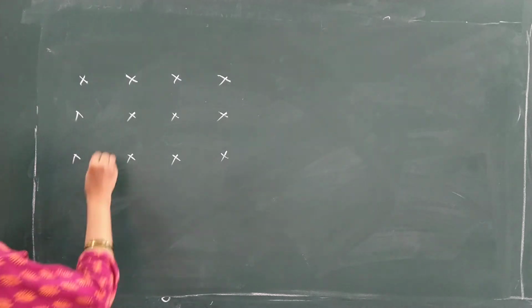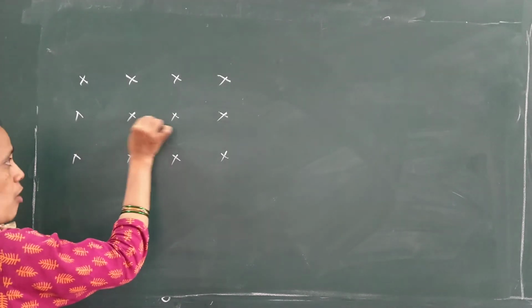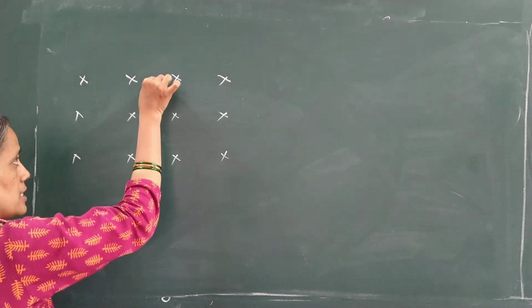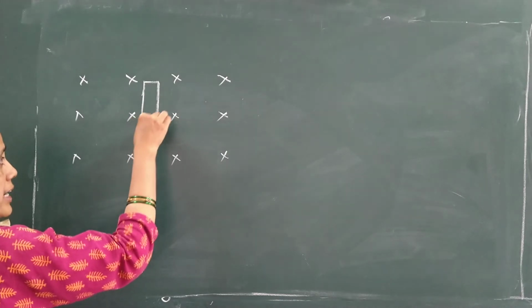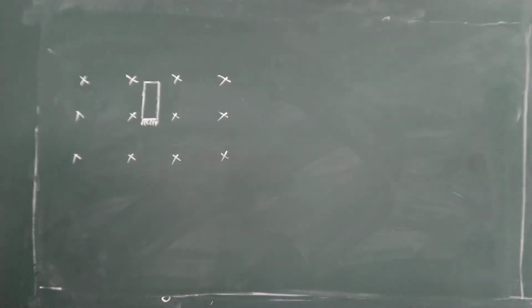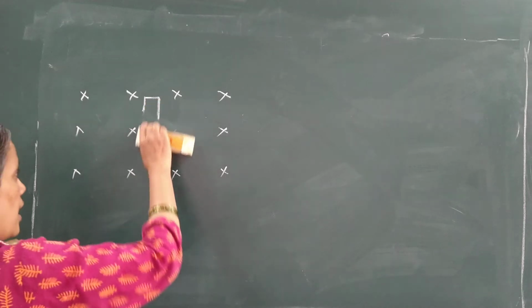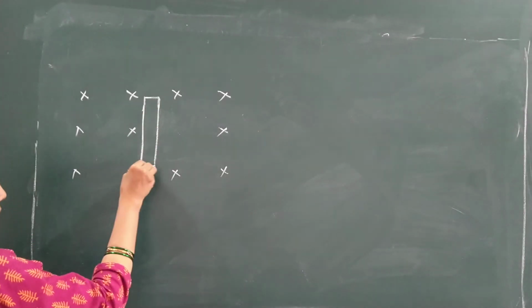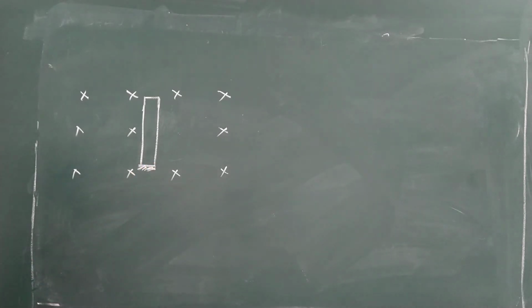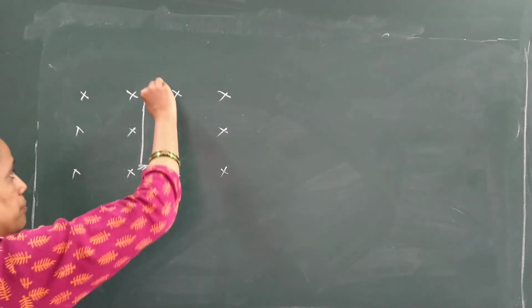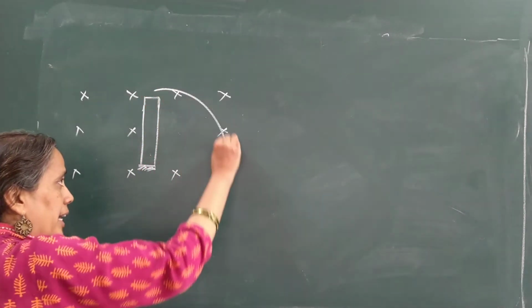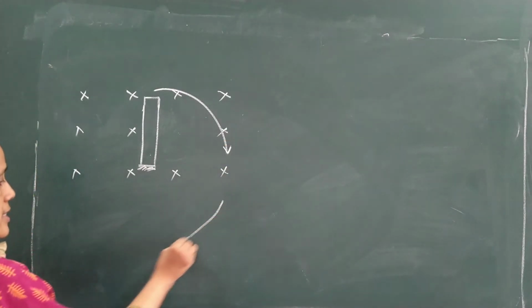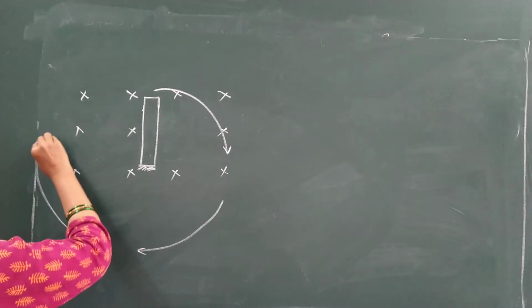And here I am going to keep one rod, whose one end is pivoted in the magnetic field. I will show a long rod like this. Now we are going to keep this rod rotating in the anti-clockwise sense in the magnetic field like this.